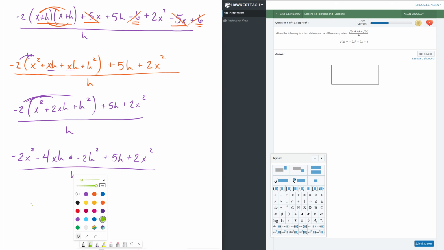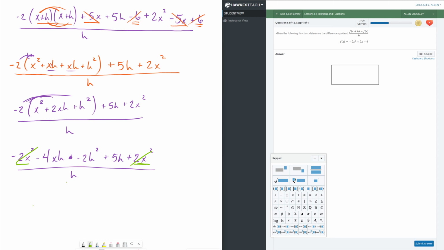And we just keep going. Since I distributed, my parentheses no longer exist, and I get the lovely ability of going through and simplifying. So for us, if I look, I have a negative 2x squared and a positive 2x squared. 2 minus 2 is 0.